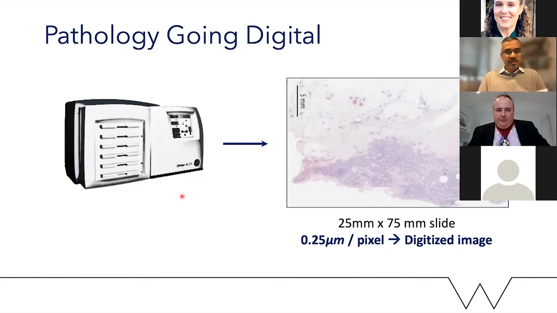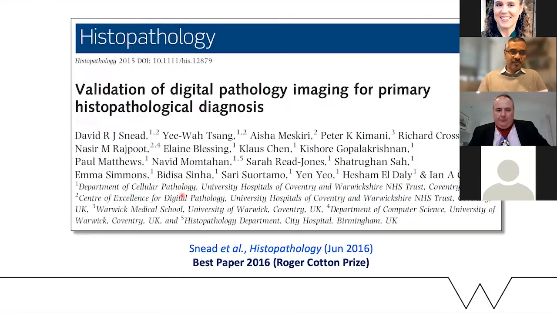So in Coventry and Warwickshire, we started off with this trial of validation of digital pathology imaging for primary diagnostics. This is still, I think, the largest of the digital pathology validation trials. It involves 17 pathologists who re-reported more than 3,000 cases, both on digital and under the microscope.